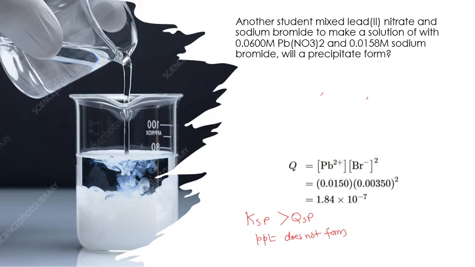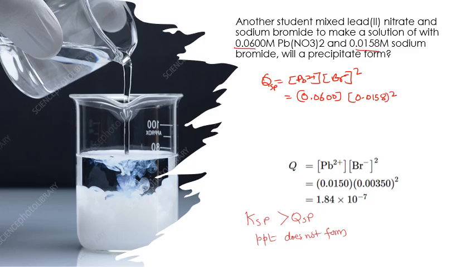So we can do Qsp equals concentration of Pb2+ times concentration of Br- to the power 2, and then we will just substitute our concentrations given, and we will have 0.0158 to the power 2. You know where it is coming from, correct?